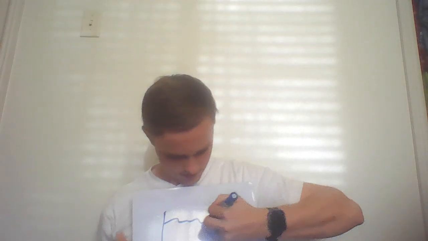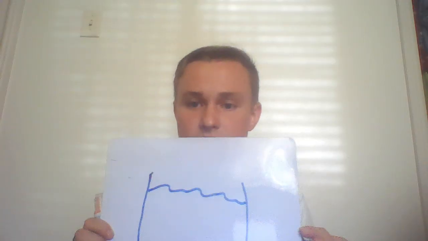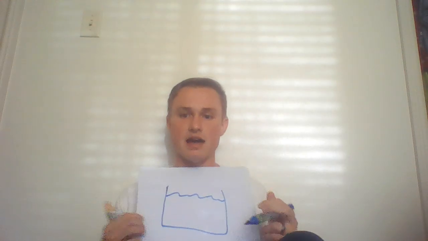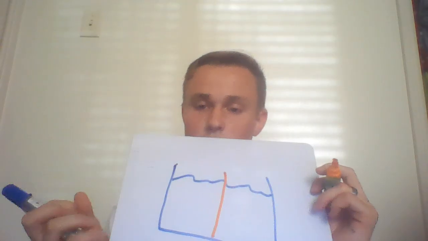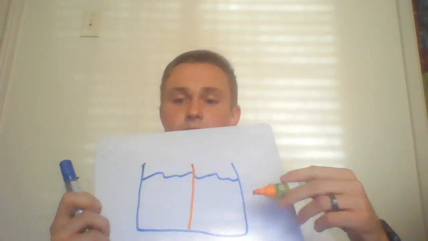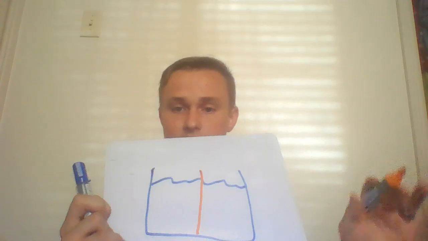So say I have a big tub of water, and within that tub of water, let's say I have a semi-permeable membrane. That's the orange line. Semi-permeable meaning water is allowed through that membrane, but nothing else is.